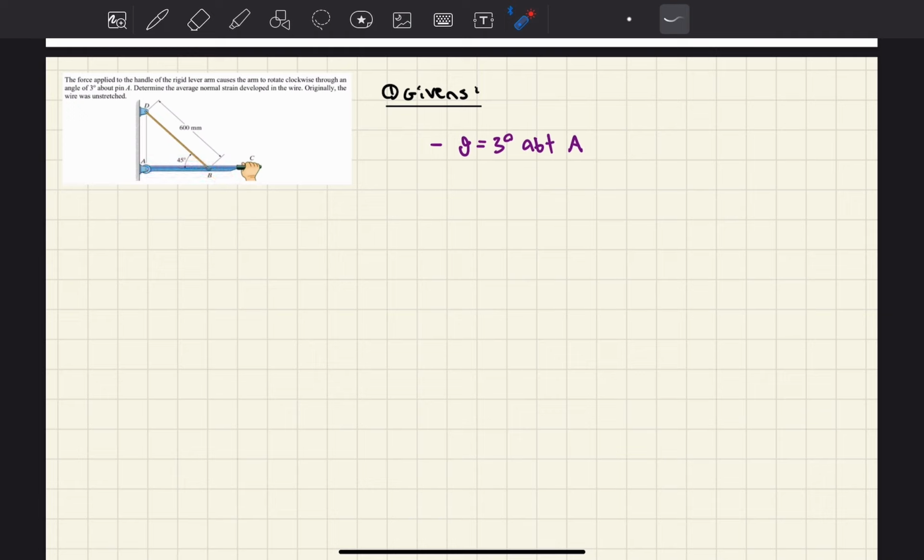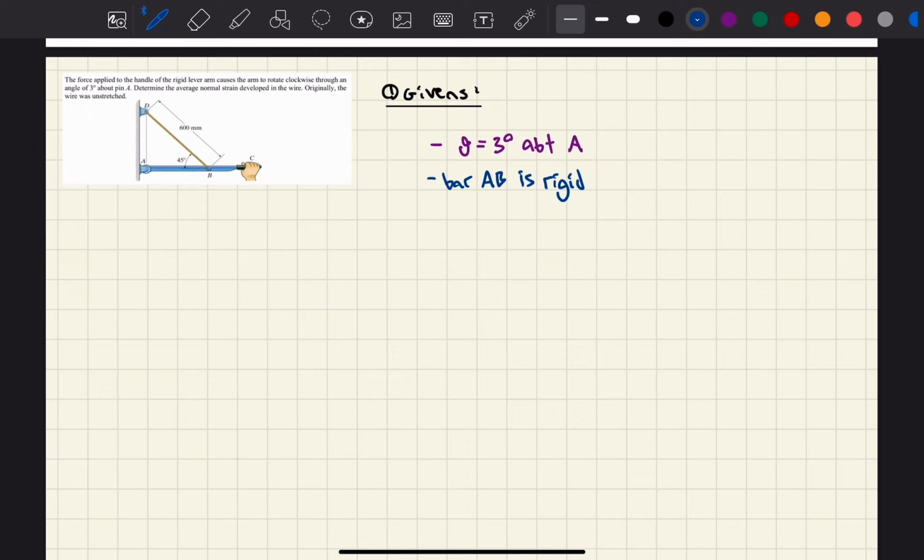So what we're going to say is this bar is rigid. When it does rotate these 3 degrees, this is a huge exaggeration, but this bar is going to be completely straight, right? No deformation whatsoever, for at least our calculations. So we're going to say bar AB is rigid.